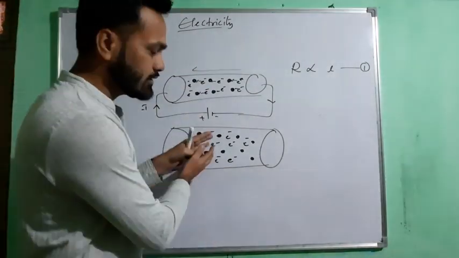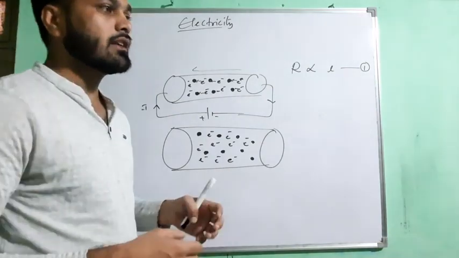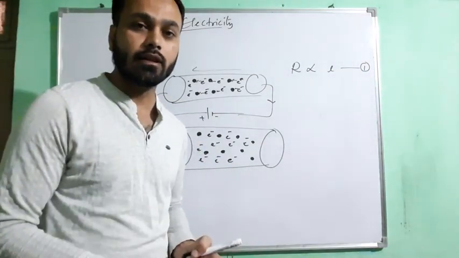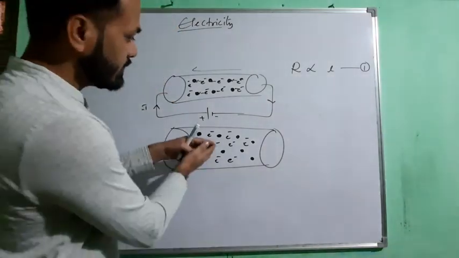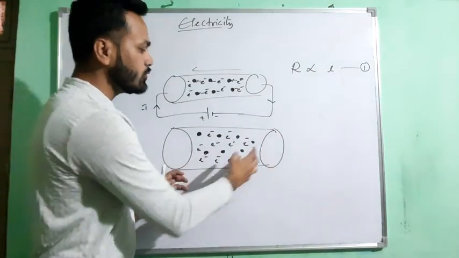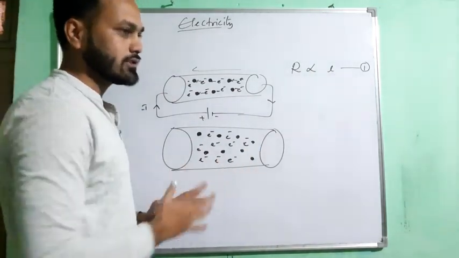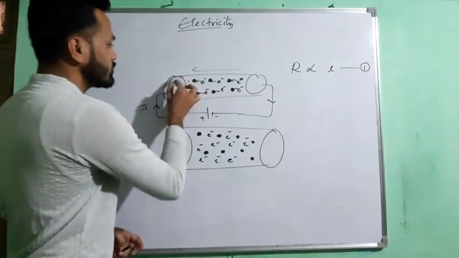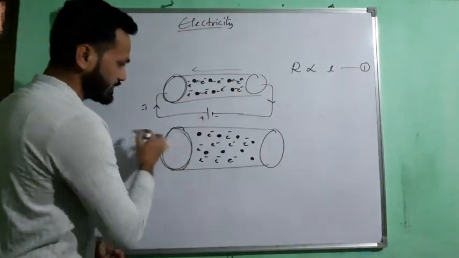Here it is spacious, meaning electron collisions will be less. Are you getting my point? Since we have got a thick wire here, electron movement will be free, the number of collisions will be less. So I can say the resistance also depends upon the area of cross section.